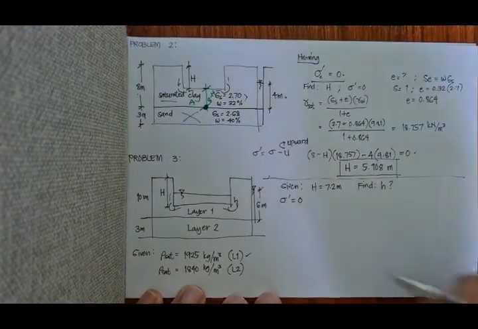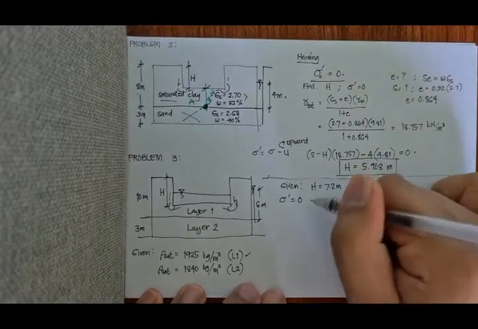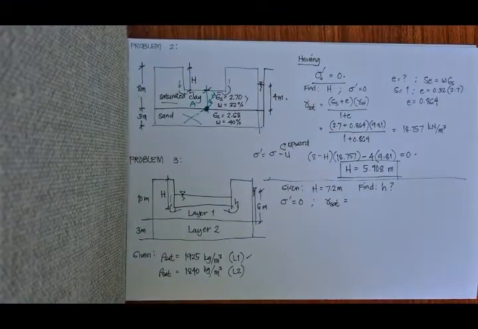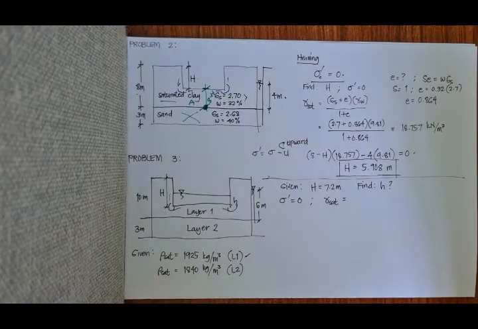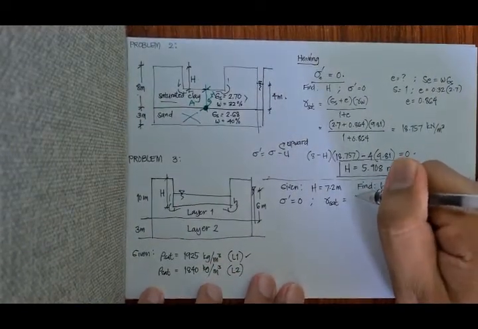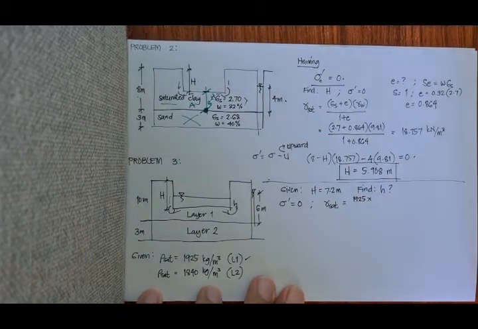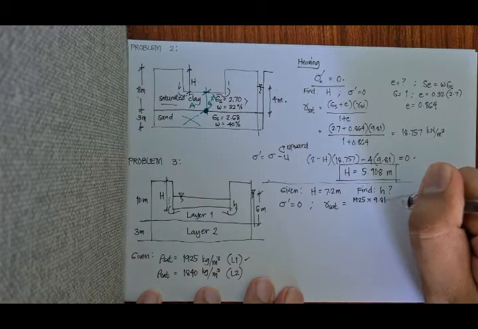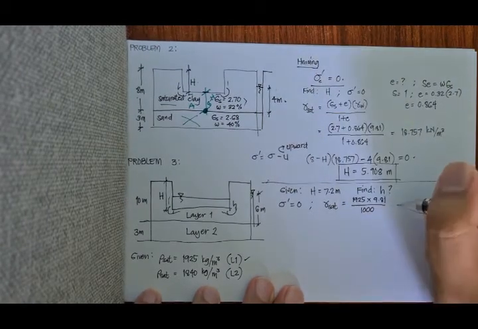So, sa layer 1 natin, yung saturated clay natin is may density na 1,925. We should also find the saturated unit weight out of the density. So, meaning to say, if we have a saturated density, we can actually find the saturated unit weight by just multiplying the density by the unit weight of water, or the density of water, and conversion factor 1,000.